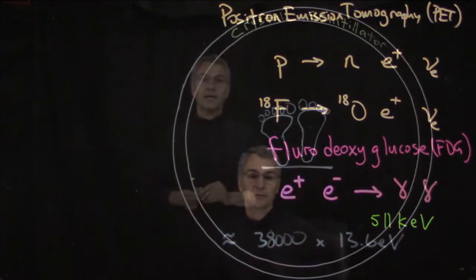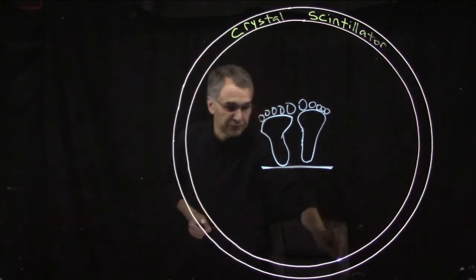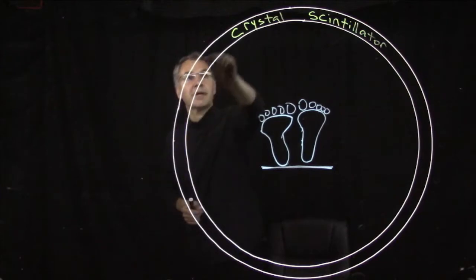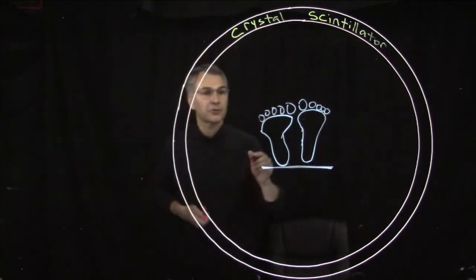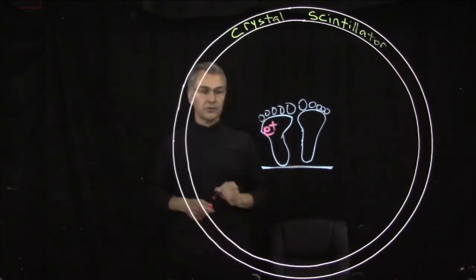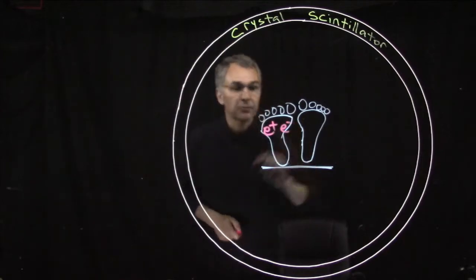In a PET scanner, the patient is surrounded by a ring of crystal scintillator, which you can imagine is occupying the space between these two concentric circles. So if a positron is emitted at this location, then it will soon meet a nearby electron.